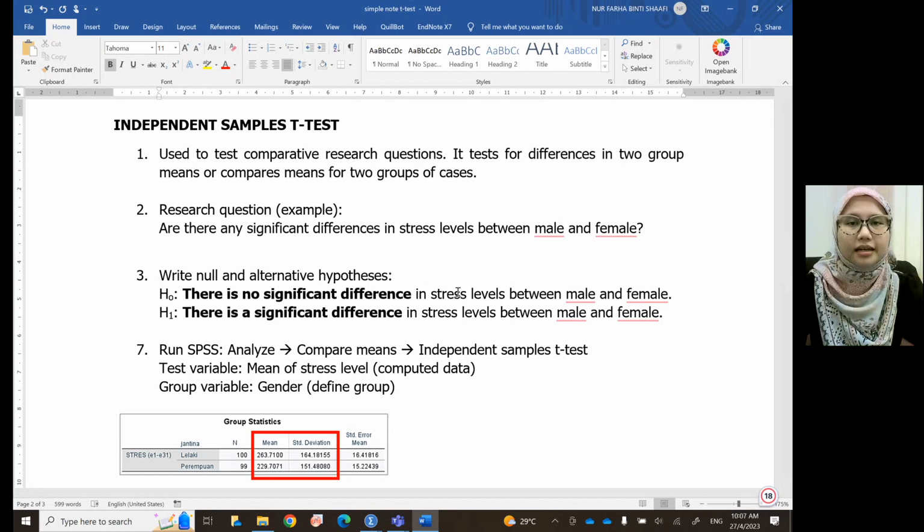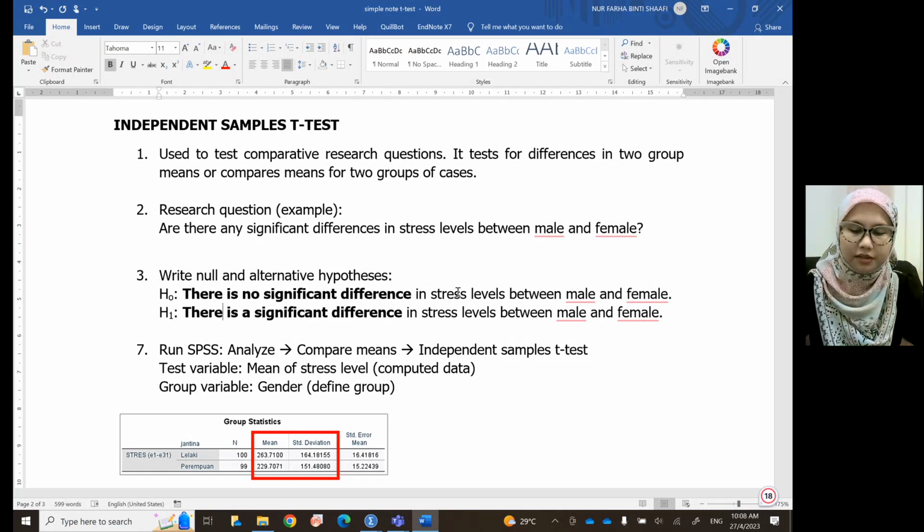That is your null hypothesis. How about your alternative hypothesis? You are stating that there is a significant difference in stress level between male and female. You are saying that there is a difference between male stress level and female stress level.